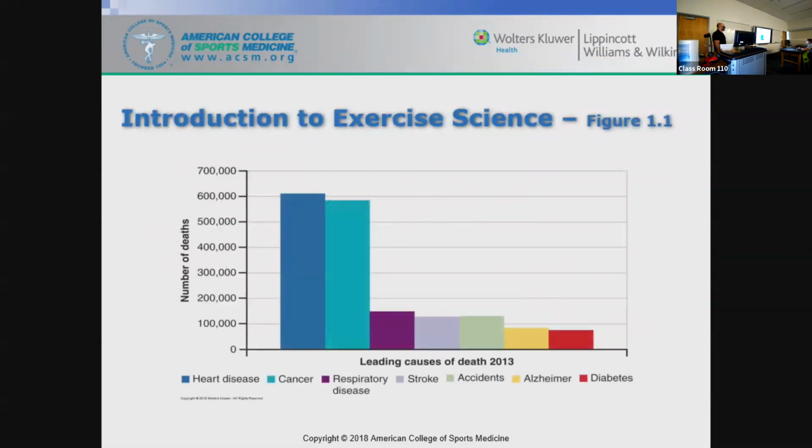We looked at the major causes of death in the United States. Heart disease, cardiovascular disease, is at the top, cancer number 2, respiratory diseases, and then stroke and accidents, about the same. Alzheimer's disease is up there as well, and diabetes.